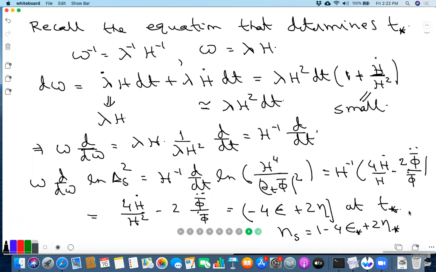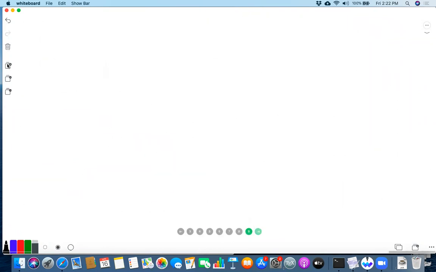And a similar analysis can be done for the delta t. Let's do this. So omega d d omega of log delta t square. This will be omega or h inverse d dt of, this is just h square.